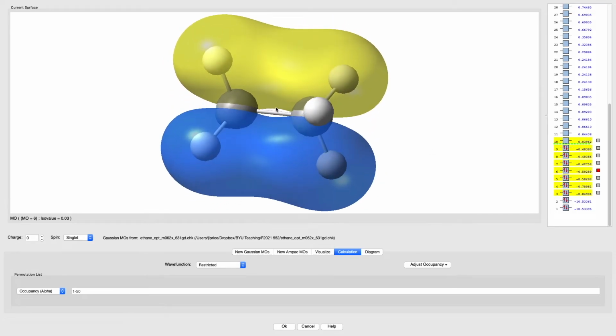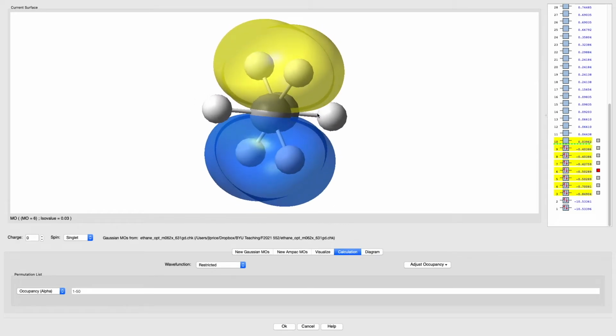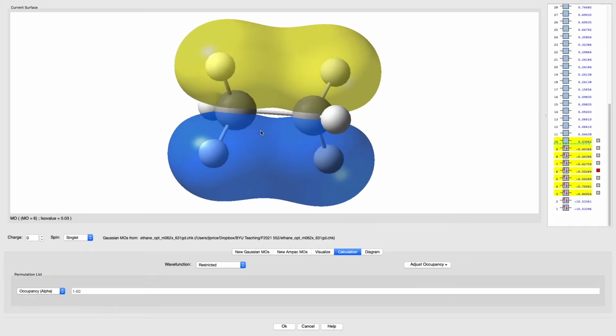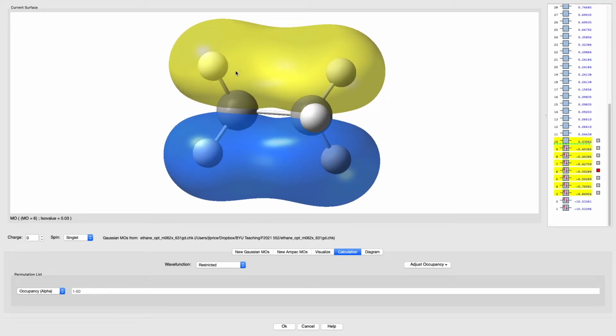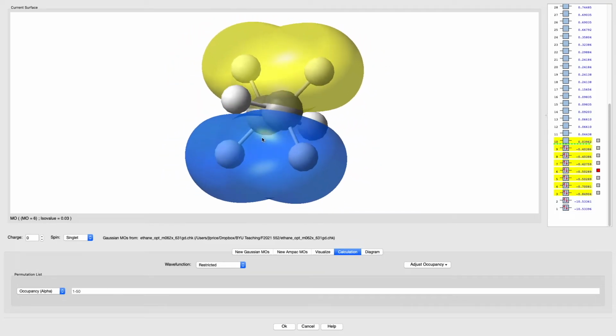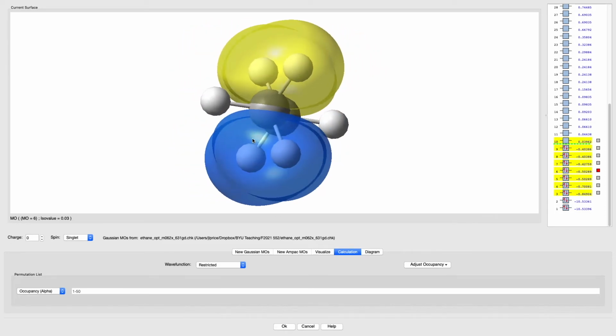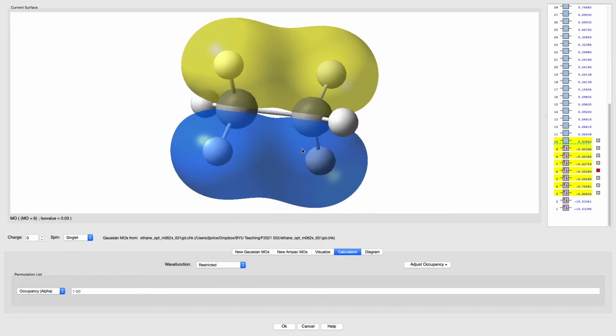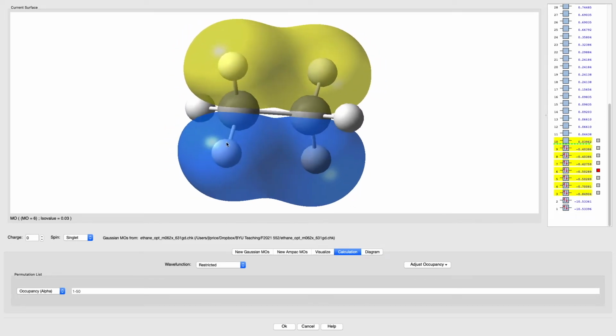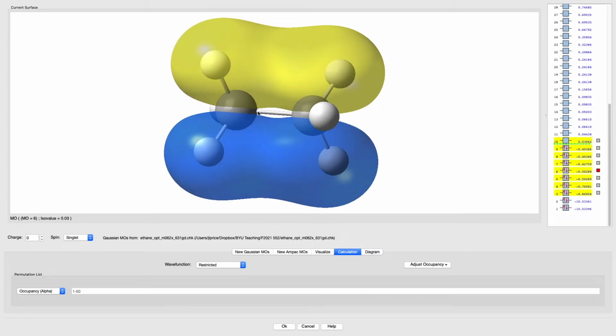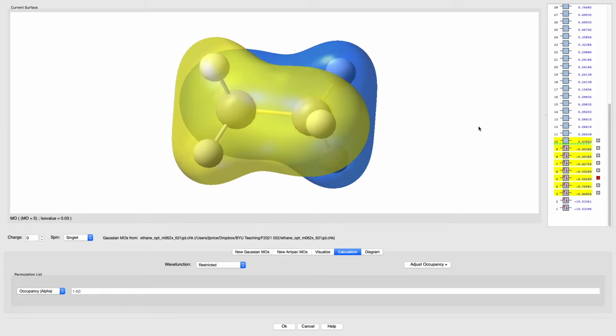This is the one we get. Do you remember there was one of the pi CH3s where a CH bond was in the plane of the node? This comes from overlap of a p orbital on carbon with one hydrogen on top and one hydrogen on the bottom. Same overall shape, also CH bonding. And because of that same overall shape, it's the same in energy as the previous one.